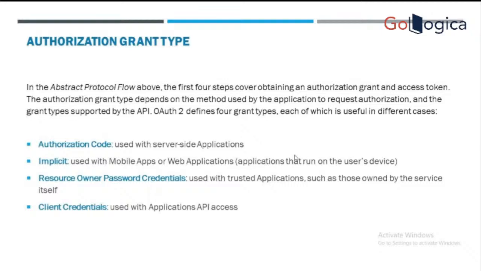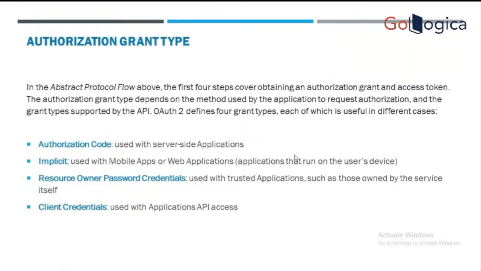Now, what is the implicit grant type? The implicit grant type is used with mobile applications or web applications where the application runs on the user device. User devices means we have our computers, laptops, mobile devices, tabs.